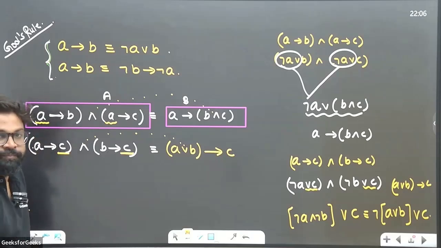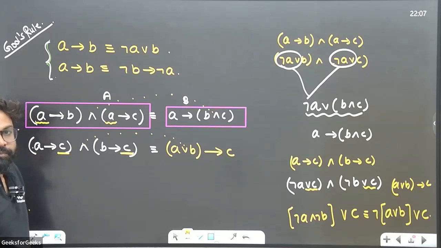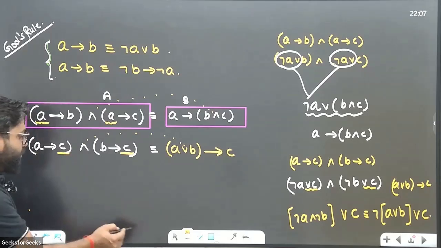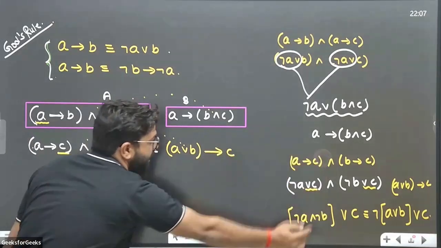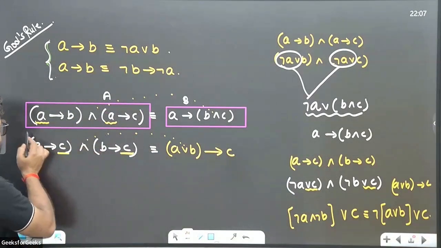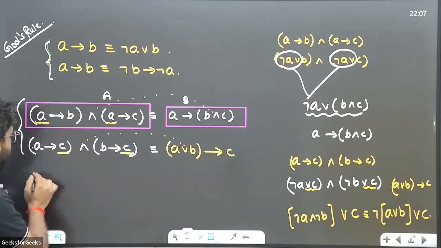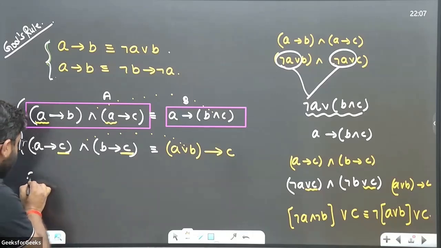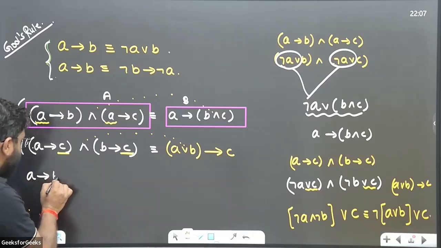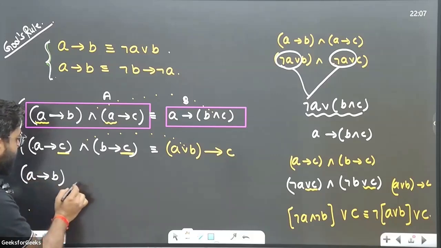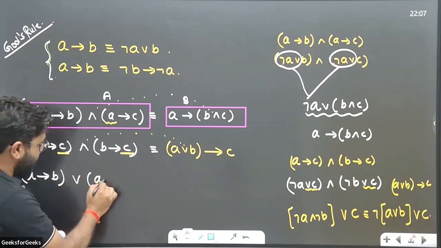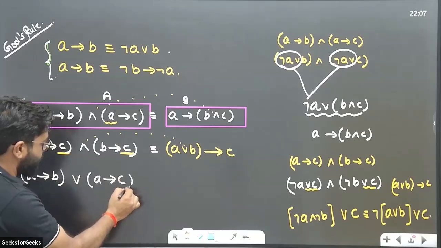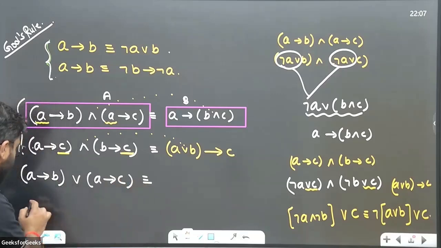Getting my point? Now, I want you to solve this. Here, I have used two AND conditions, but what will happen if I use an OR condition? So A implies B or A implies C. What should be the answer? Try to find it out.